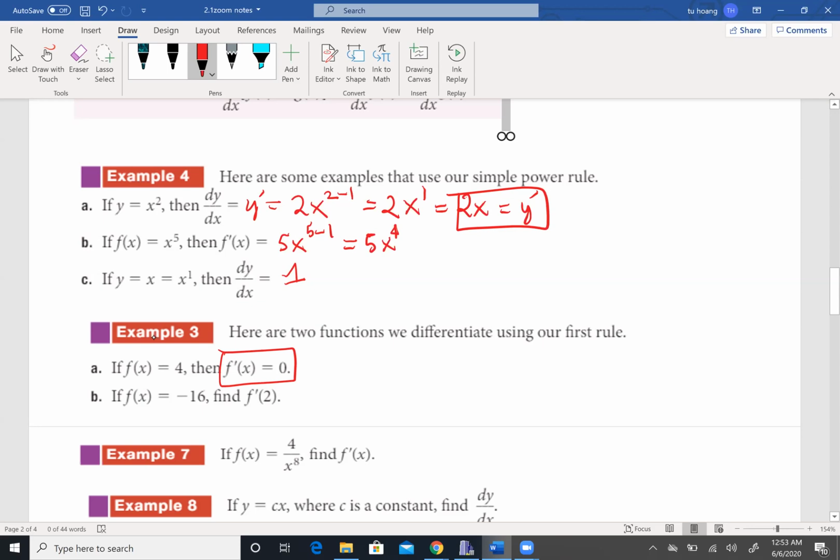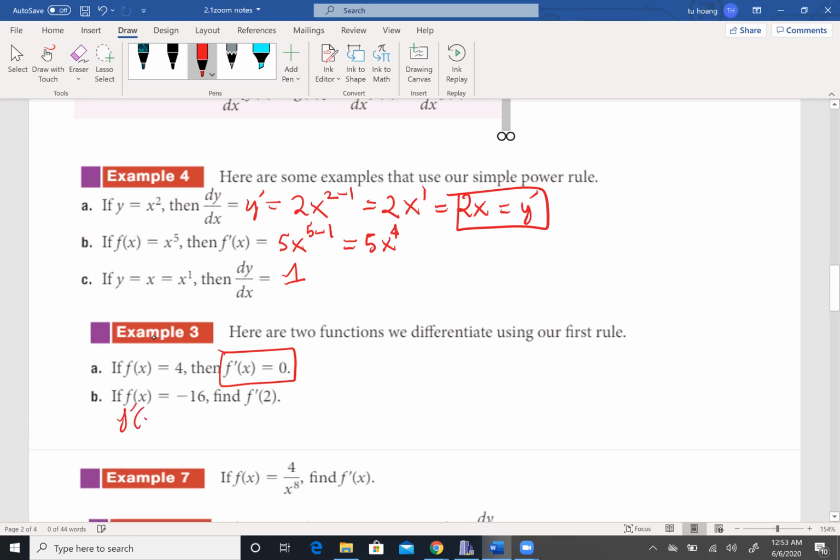Okay, and now I'm going to come to B. In problem B, I have f(x) equal to -16, and I want to find f'(2). It may try to trick you a little bit, but firstly you have to find f'(x). Since f(x) is a constant number, f'(x) equals 0.